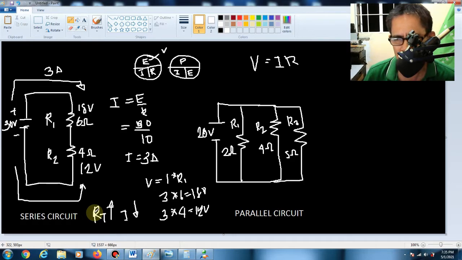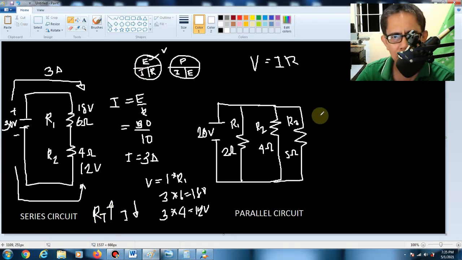So ayon dito sa circuit, we're going to solve for the current that flows to each resistor. So in Ohm's law formula, voltage divided by the resistance. So siyempre current, di ba? So meron tayong current equals voltage divided by the resistance.